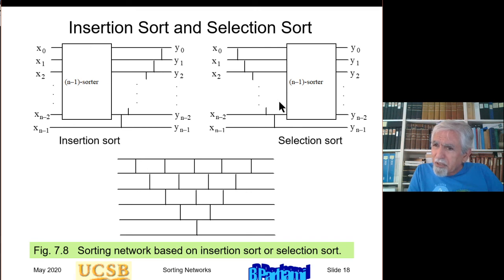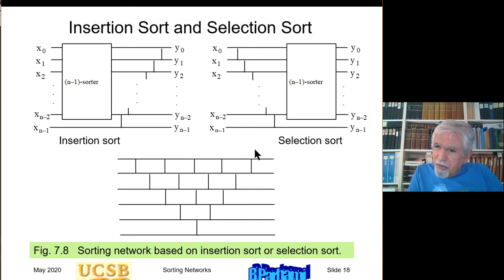This is selection sort. Basically, select the largest value among the inputs by these comparisons. What is the larger of these two? Compare that against the third one, find the larger. Compare against the fourth one. So the largest one basically sinks down and goes here. That's the largest. And now sort n-1. Now both of these recursive structures lead to this network.